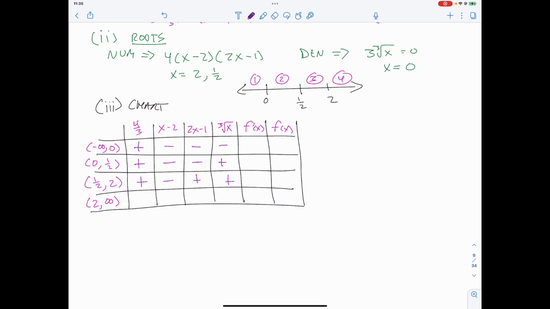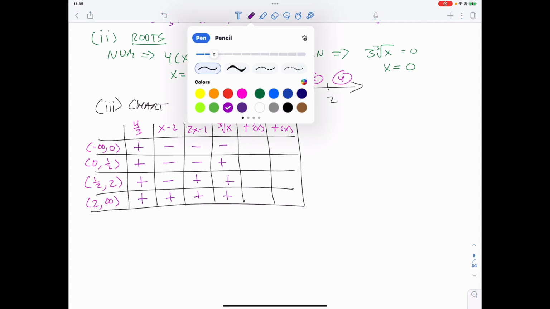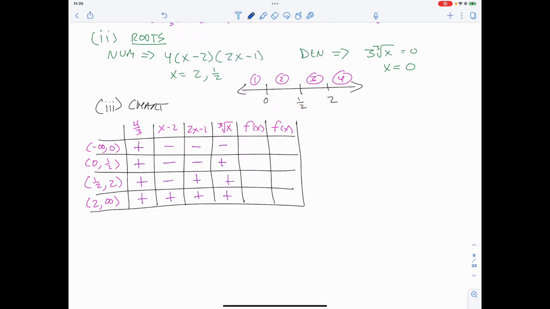And when I go bigger than 2, they're all positive. Which means a positive and 3 negatives is going to make a negative or less than 0. 2 positives and 2 negatives make greater than 0. 3 positives and a negative make less than 0.